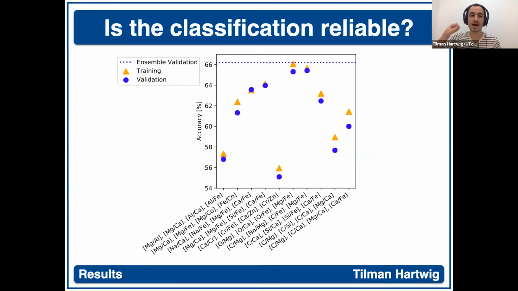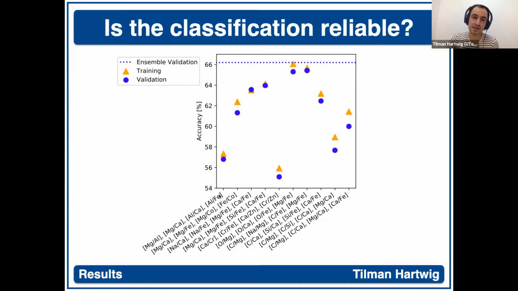This is the short machine learning justification slide. This is the accuracy that we have on the validation, training, and ensemble validation data. With the ensemble, we reach roughly 66% accuracy, which is not perfect, but it's the best that the data allows.